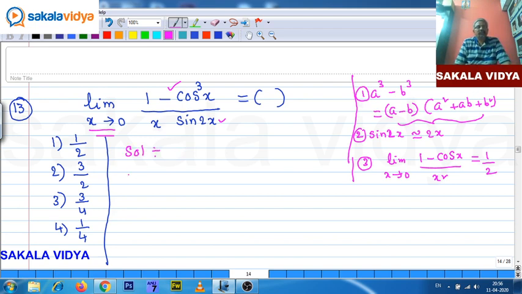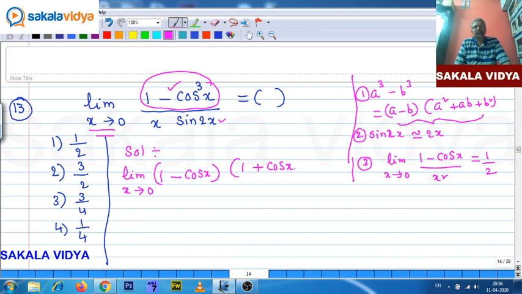Solution: limit x tends to 0, this 1 minus cos cube x is written as (1 minus cos x) into (1 square plus 1 into cos x plus cos square x), upon x into sin 2x, which is 2x. Now you can separate the two limits. This 1 by 2 is common.